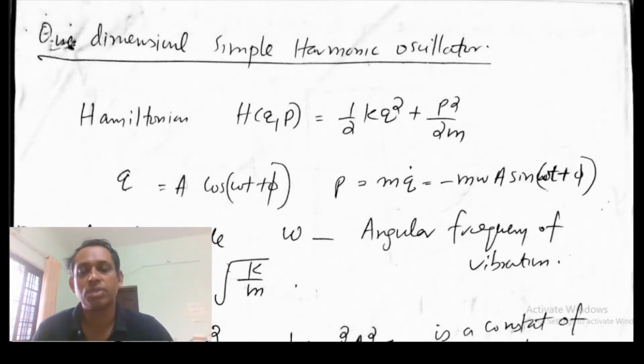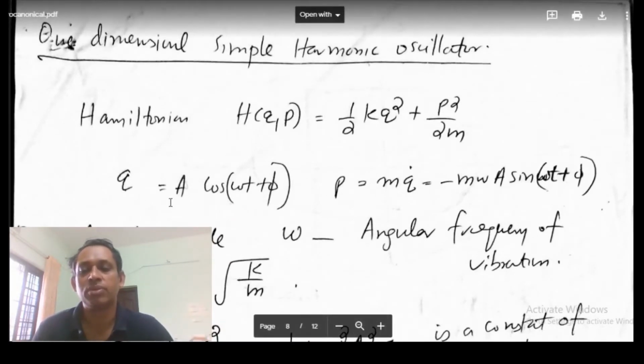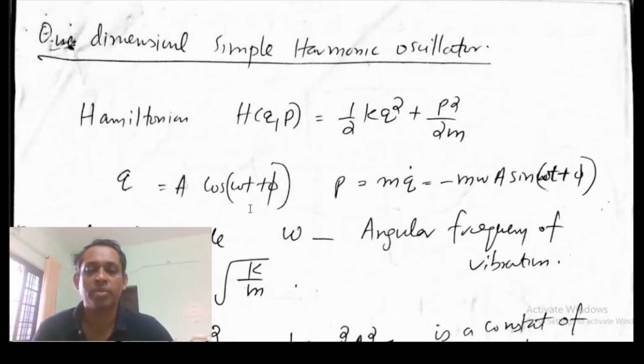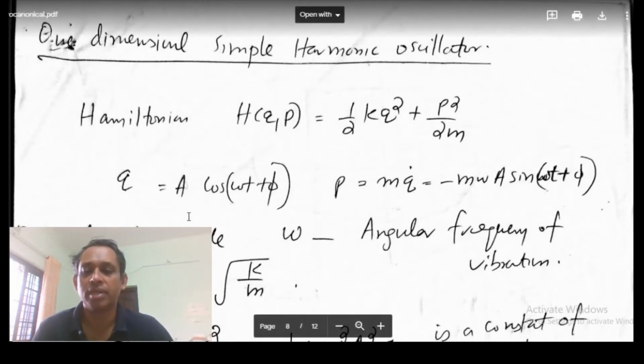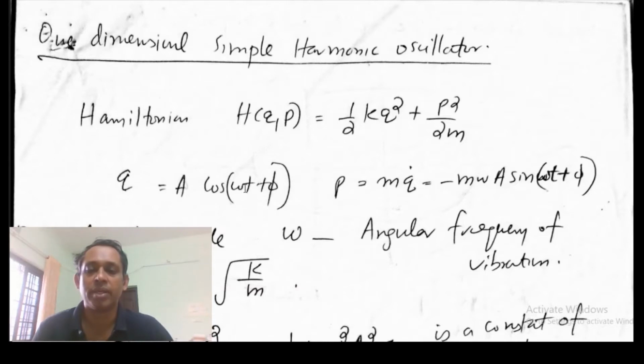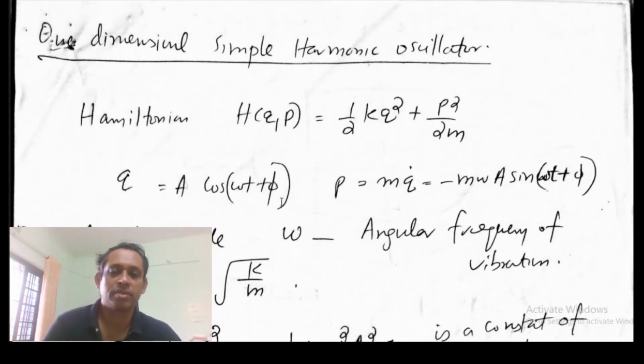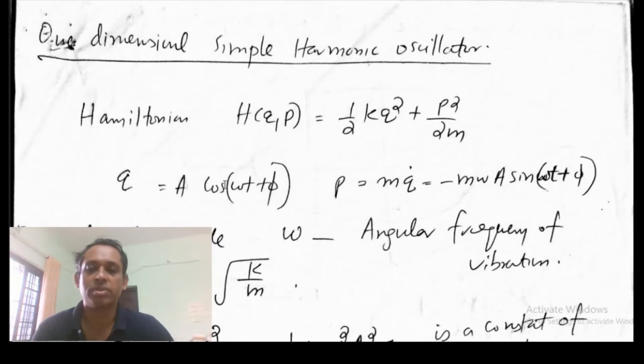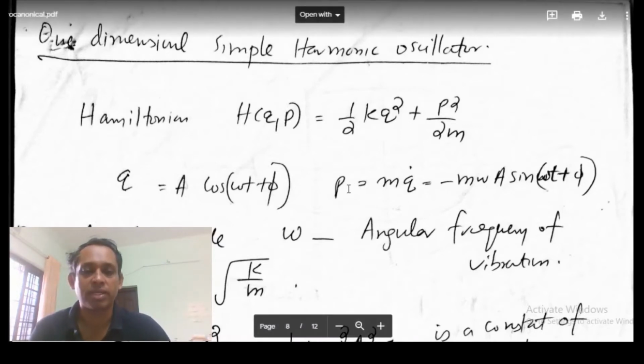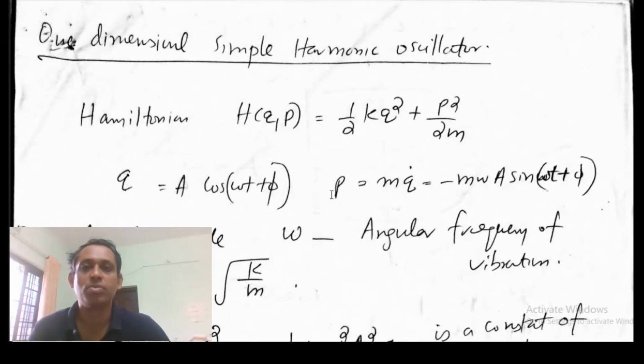And we know the solution. q is equal to a cos(omega t plus phi), where a is the amplitude, omega the angular frequency, phi is the phase. This is the standard solution of the simple harmonic oscillator, and p, the momentum, is equal to m q dot, mass times the velocity.